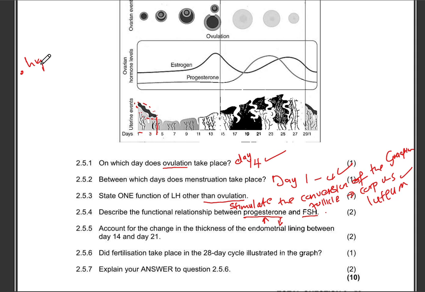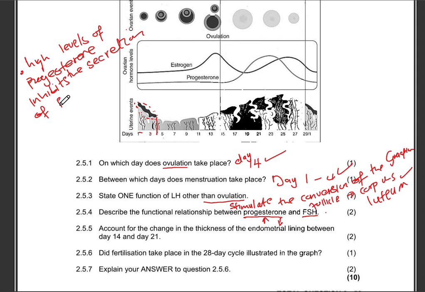So high levels of progesterone inhibit the secretion of FSH. That means no follicle will develop.